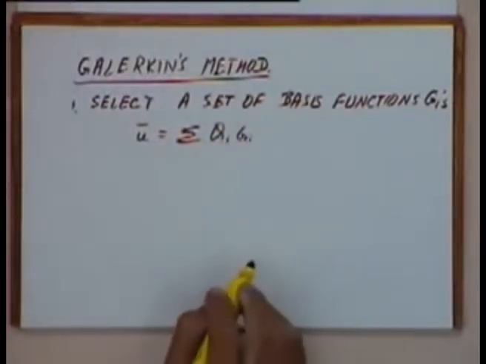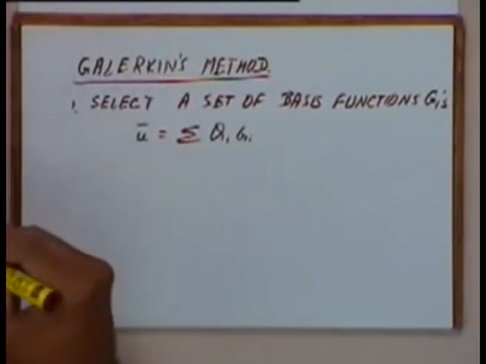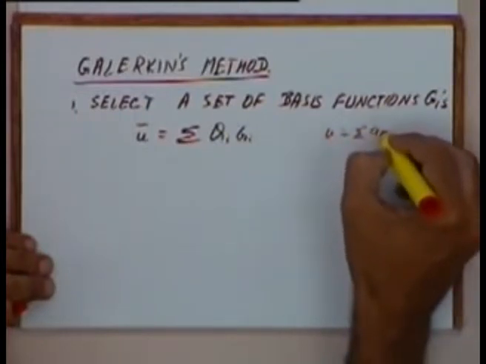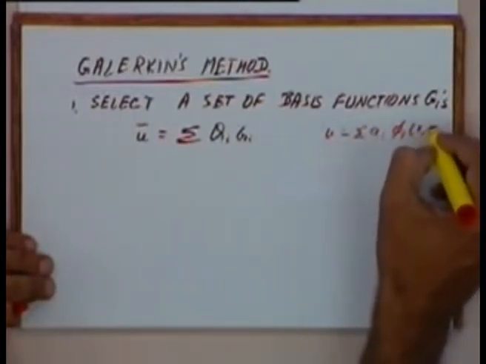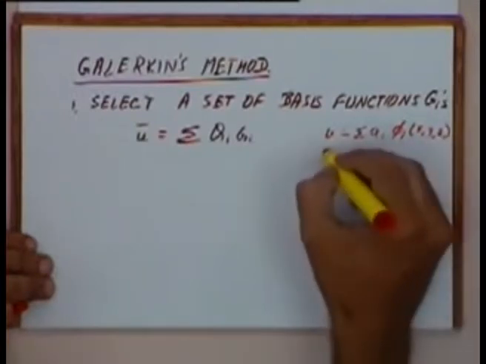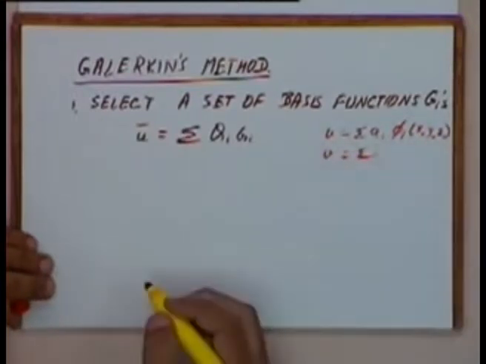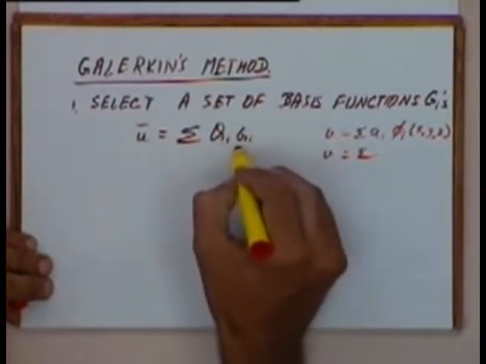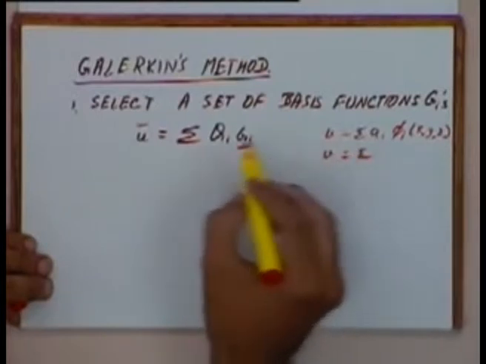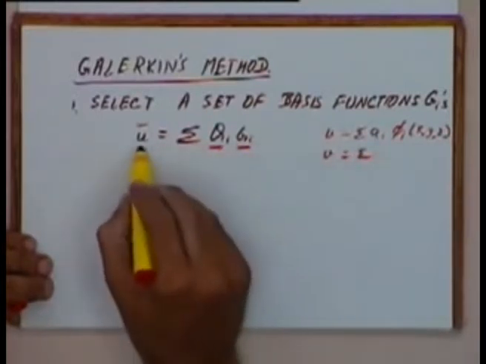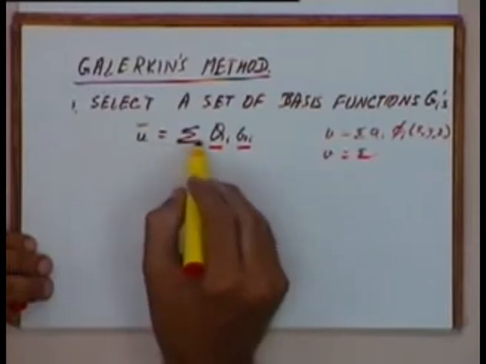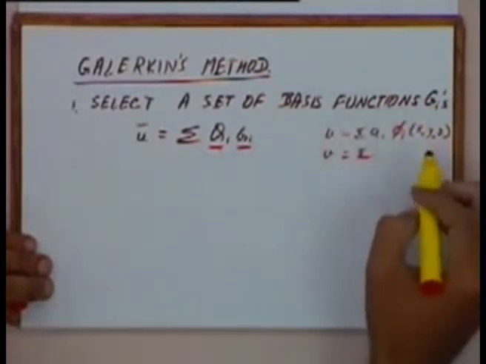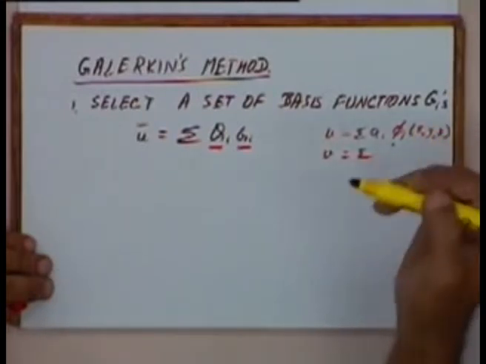If you remember, in the previous method we had written something like u is equal to sigma ai phi i of x y z, and we said v is equal to another similar term and so on. This is almost the same. We are taking a set of functions gi and a set of parameters qi, and I am saying that this estimate u bar is equal to sigma qi gi. The gi are the basis functions, which are the same as the phi i's we had in the previous method.